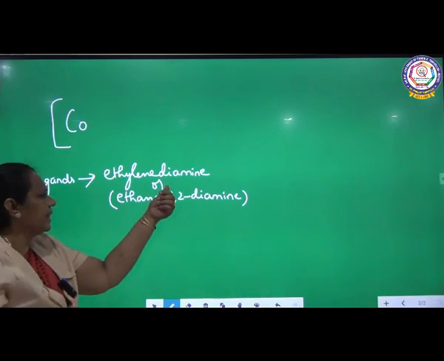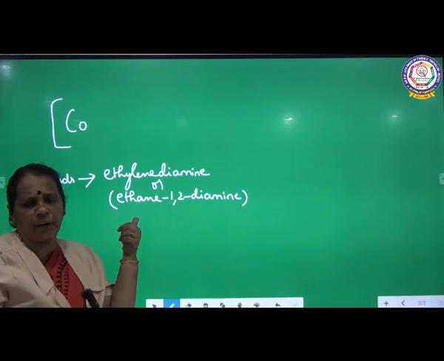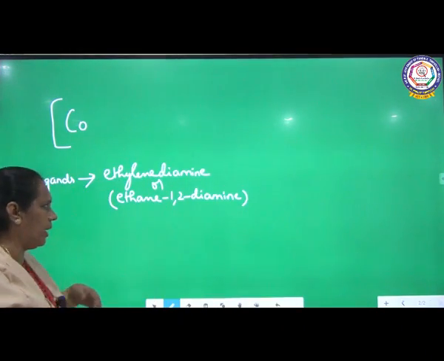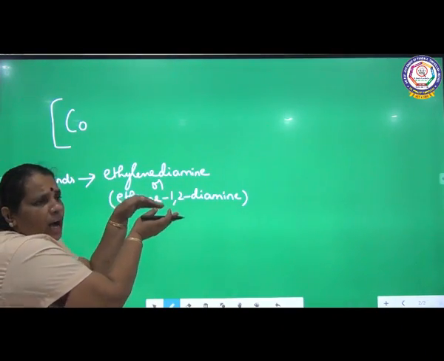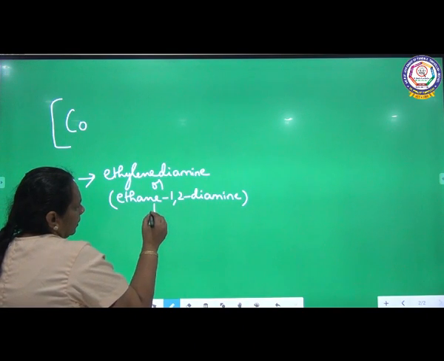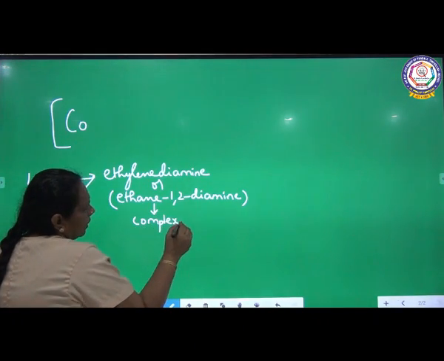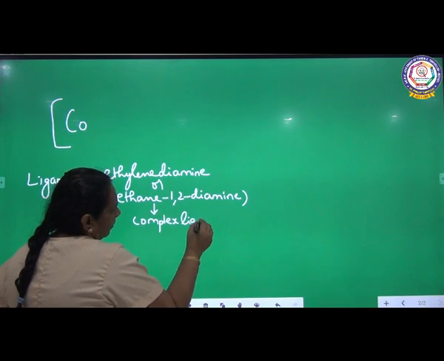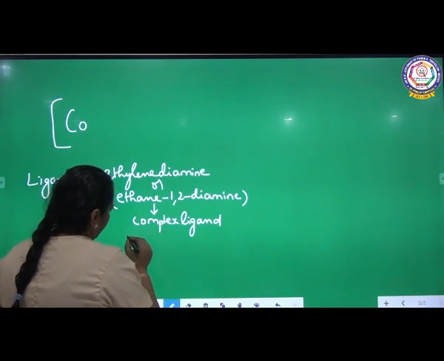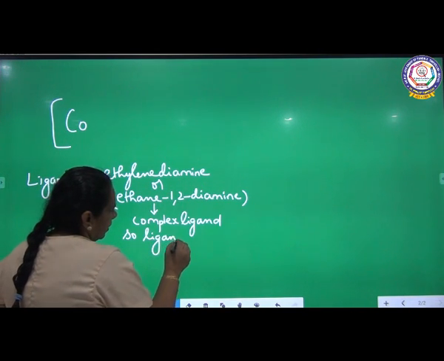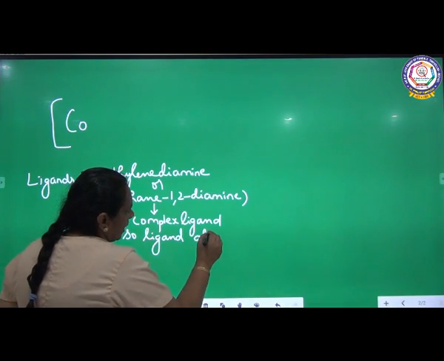One is ethylene diamine, which according to IUPAC can be written as ethane 1,2 diamine. It is a complex ligand, so we can use ligand abbreviations.